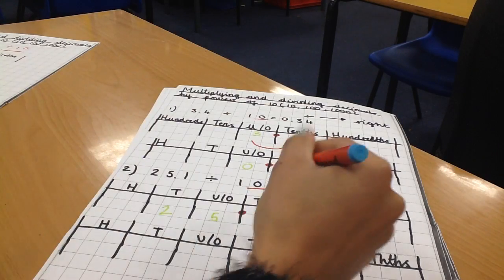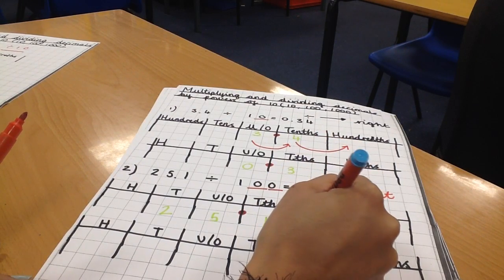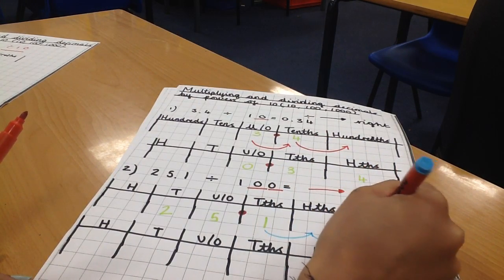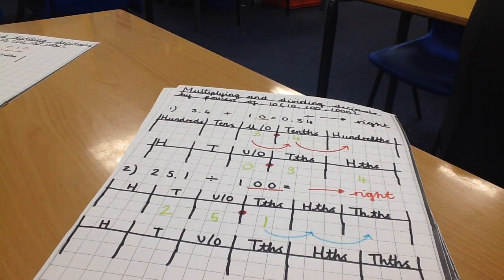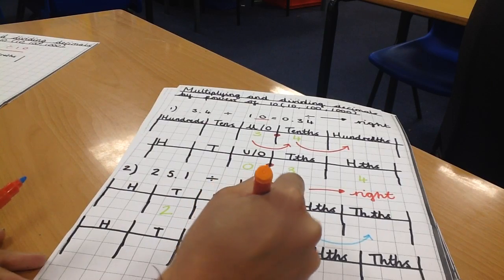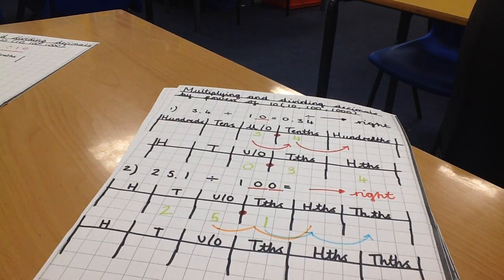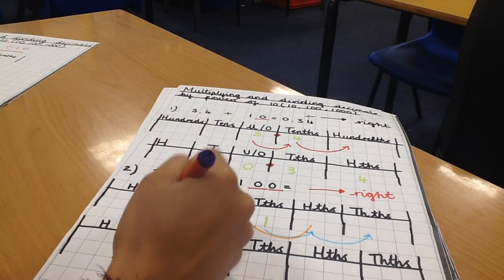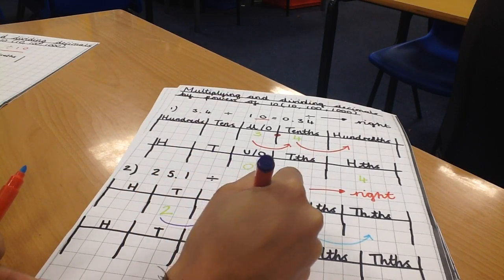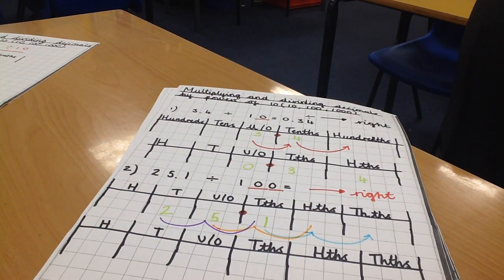So if we move our 1 2 places, it goes 1 and then 2. That's 2 places. Then our 5 must also move 2 places. 1, 2. And then our 2 must also move 2 places. 1, 2. Okay? So let's have a look at our new number.